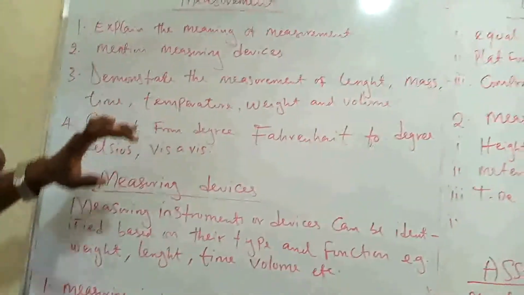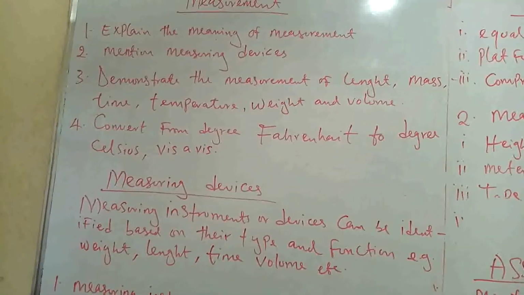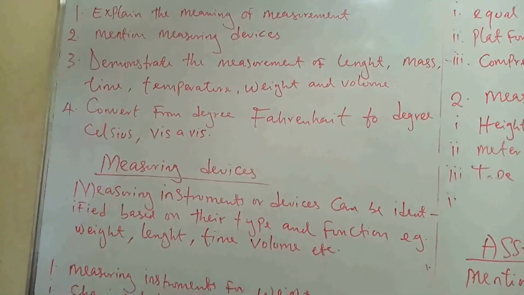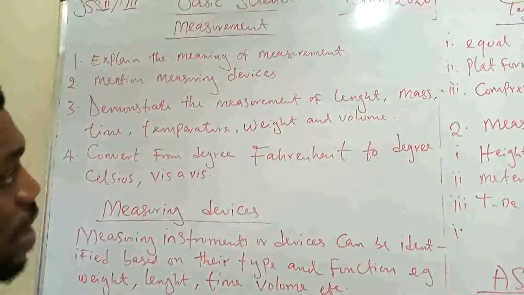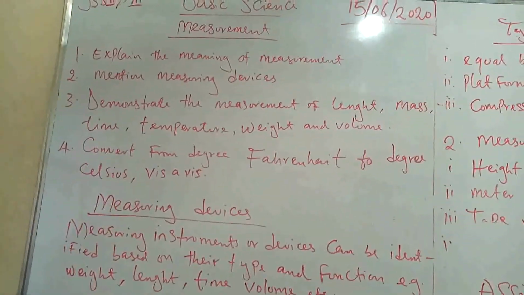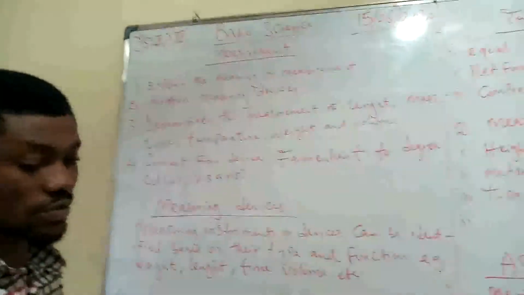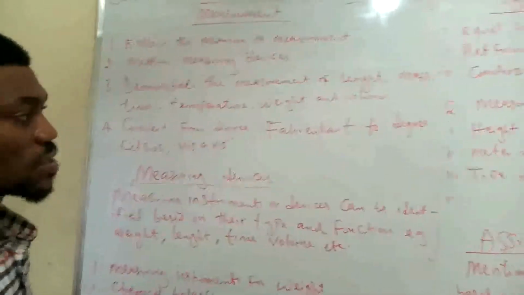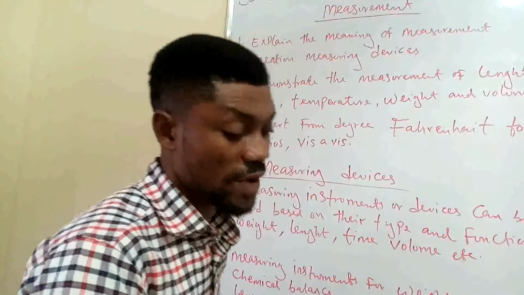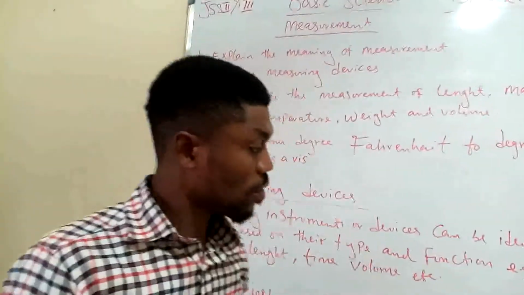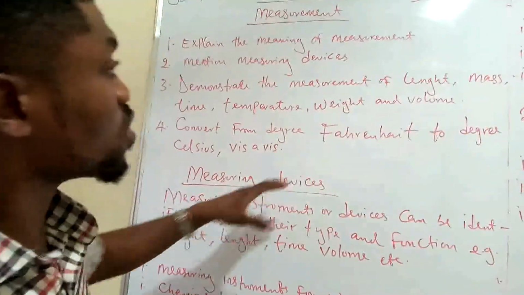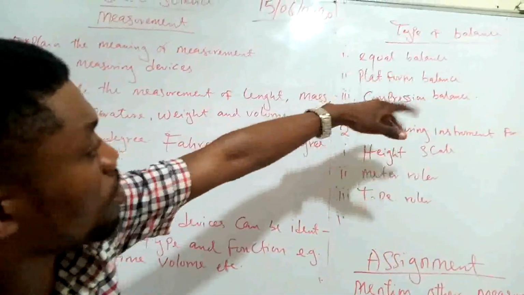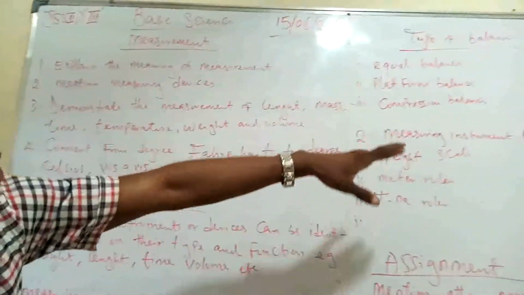And then we've also mentioned measuring devices or measuring instruments based on their types and functions. And we did state that measuring devices for weight, we have the weight balance. Measuring devices for length, we have the meter ruler. We also explained that we have equal balance, platform balance, and compression, etc.